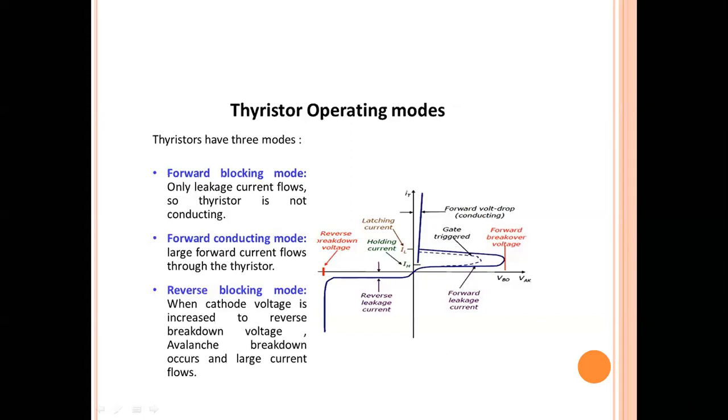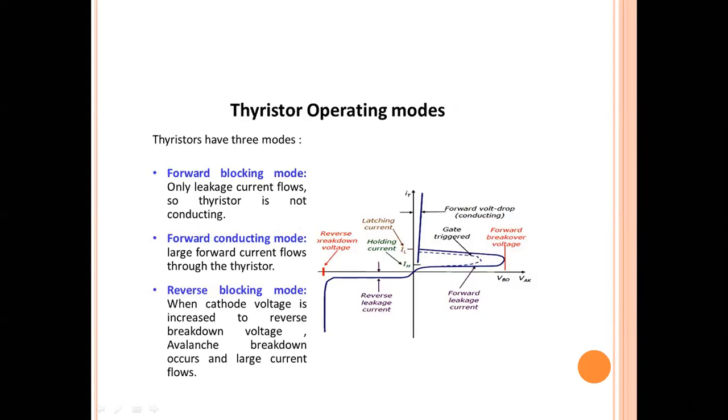So in this particular case, the anode is made more positive with respect to the cathode. Then the PN junction formed between the first P and N layer, junction J1, is forward biased, as P is provided with a more positive supply.